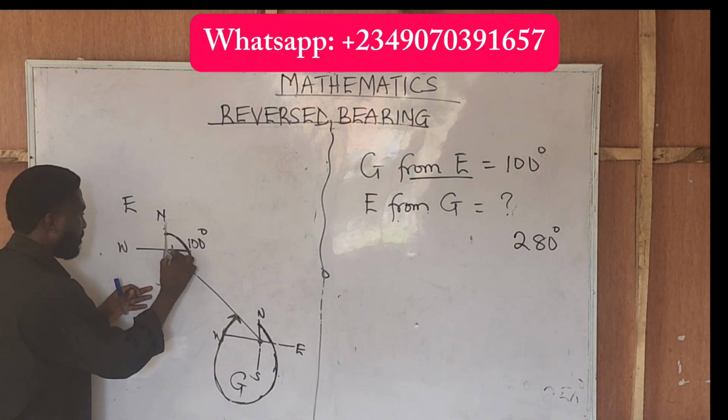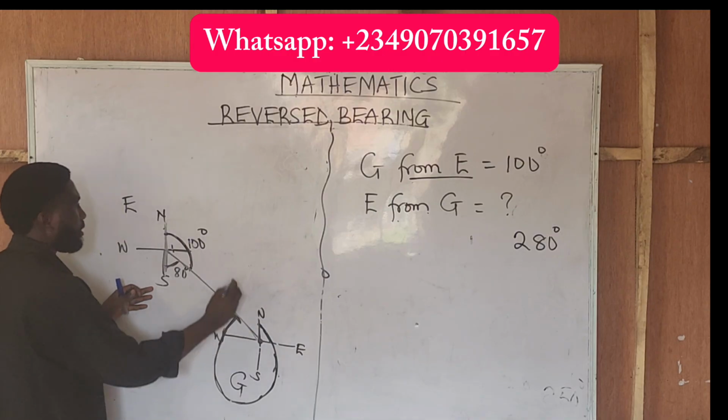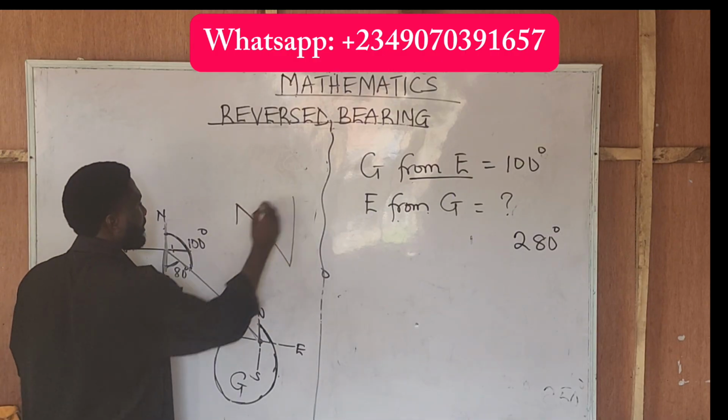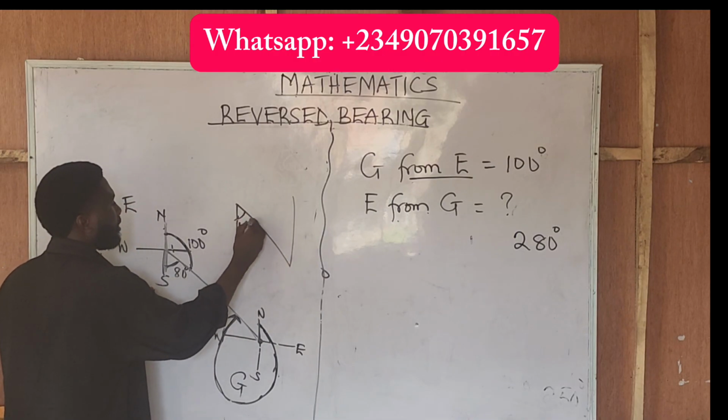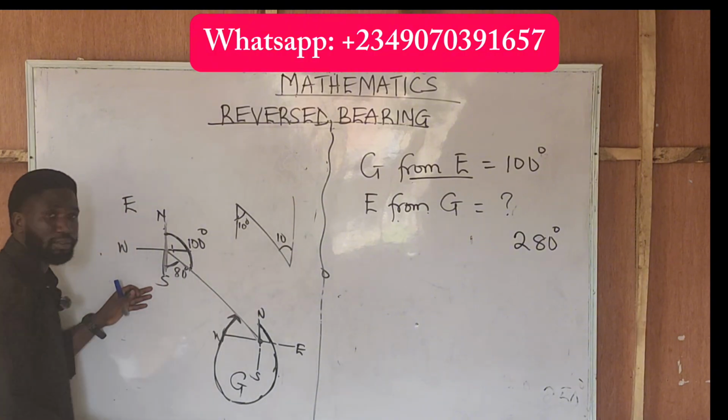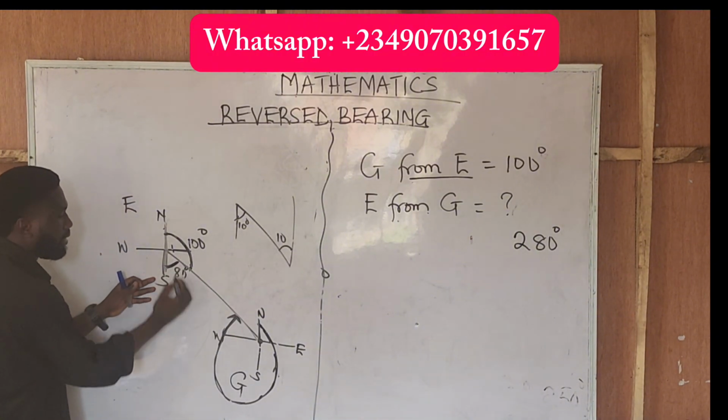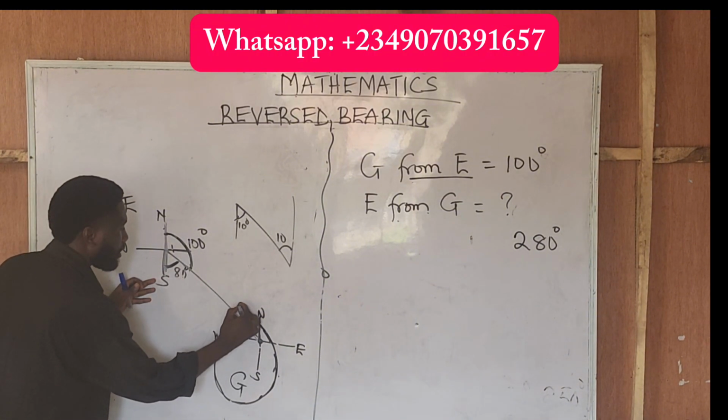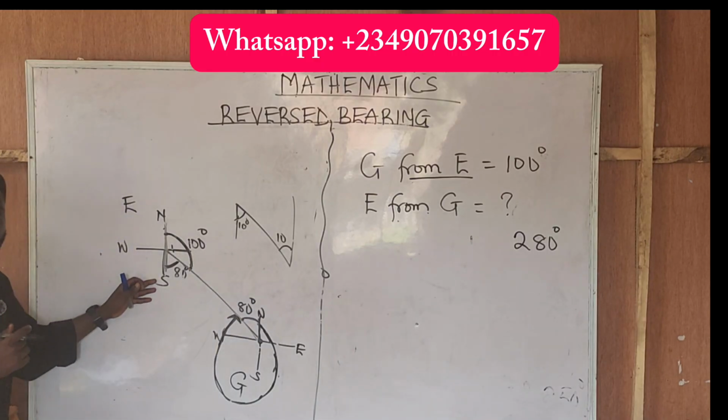You can have it from here down to this side. If this side is 80, then the angle here will give us 80 degrees. I hope you understand.